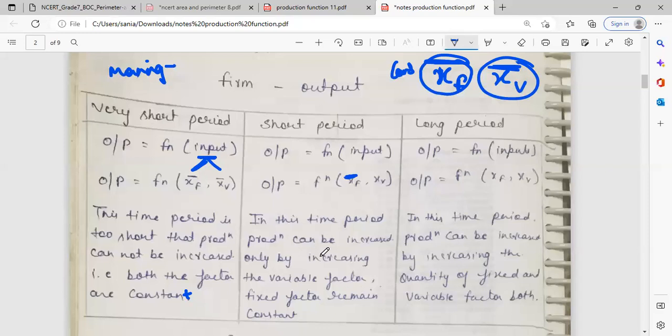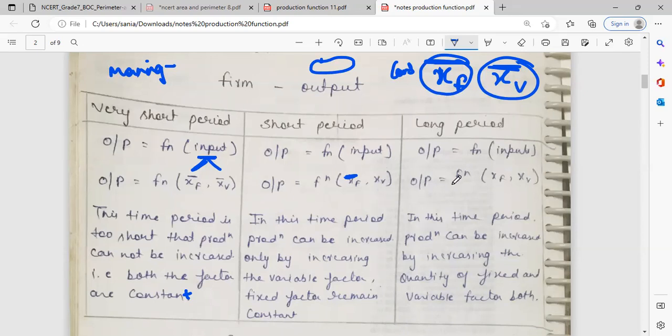For example, next week you have your marriage, and suddenly somebody tells you that now 20 people will come, not 10. It's easy, within a week you can arrange 10 more laborers. But you cannot change the fixed factor, the marriage hall. Other factors like the chairs and the laborers you can arrange.